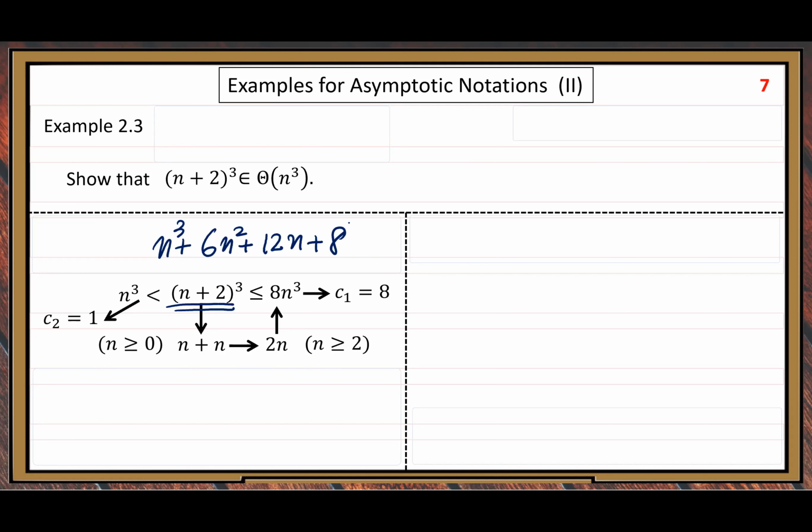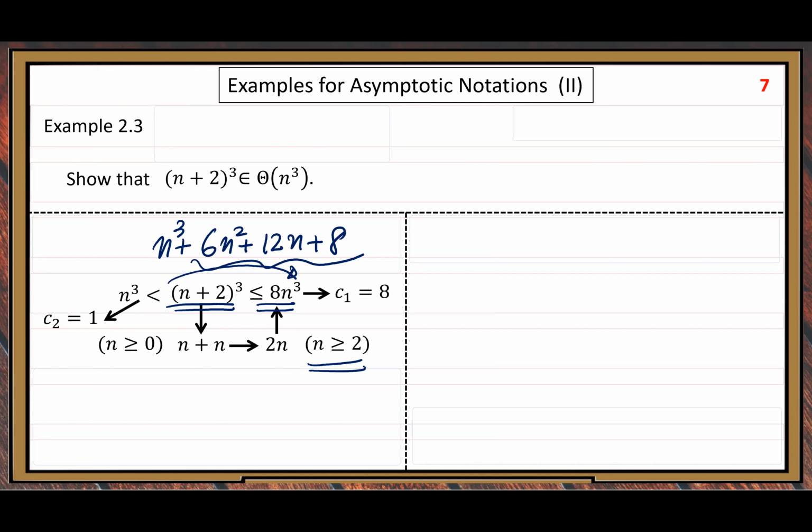Lower bound is easy, right? You just drop these terms. But for the upper bound, it's much harder to handle the last 3 terms. How can you get that they are less than or equal to 8n cubed? Not easy to get. If you do not expand, it's very easy from here: you get less than or equal to 8n cubed, and you just use some appropriate n0.